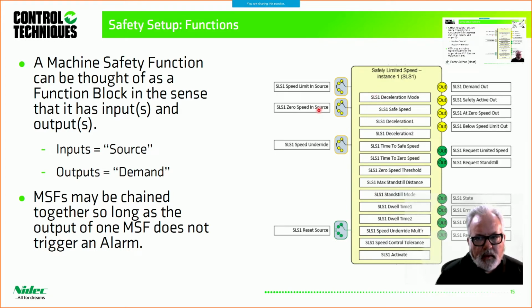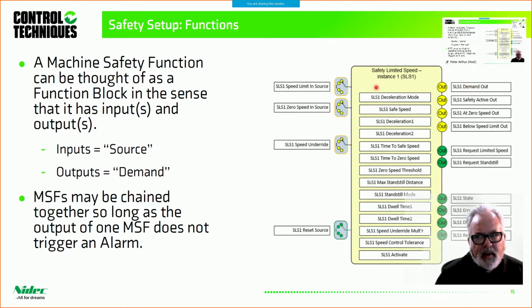Over here, we have inputs that the user can actuate and affect. There are inputs, but the outputs, even though they're labeled out, are actually referred to as demand out.